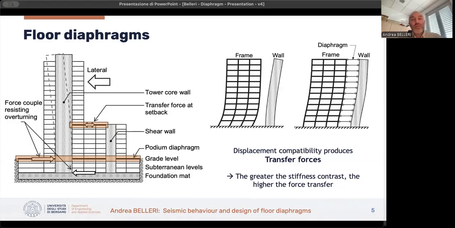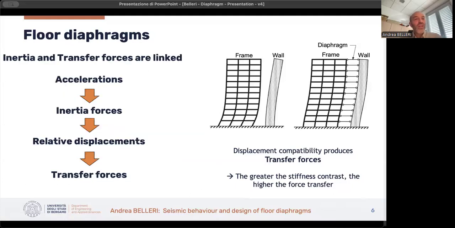When they are forced to move together, transfer forces arise in the diaphragm. The greater the difference in stiffness, the higher the force transfer. So inertia and transfer forces are linked together, because accelerations give rise to inertia forces. Then we have the relative displacement of the lateral force resisting systems, and this may give rise to transfer forces.